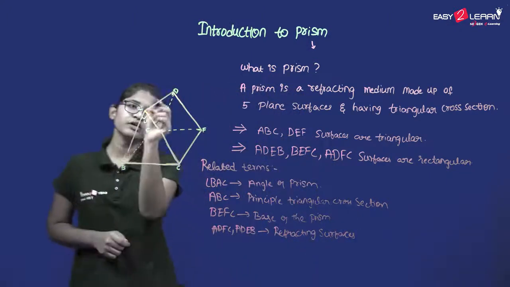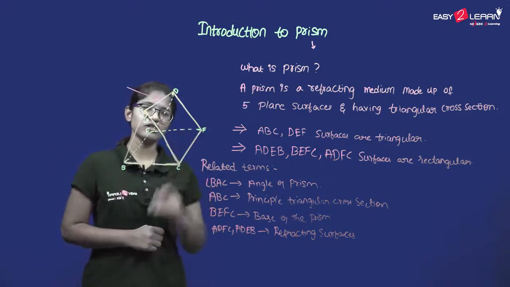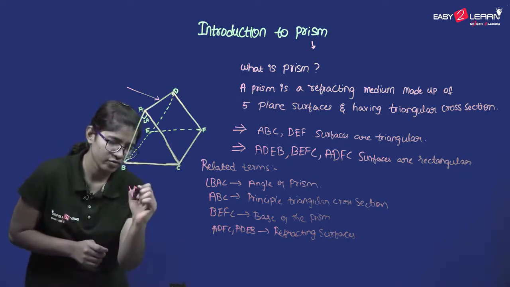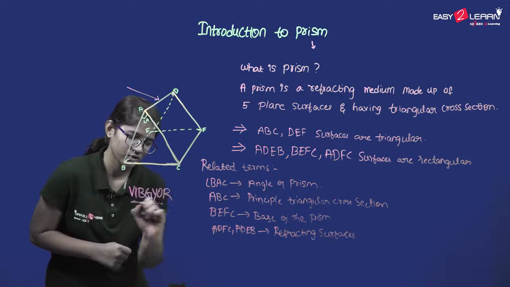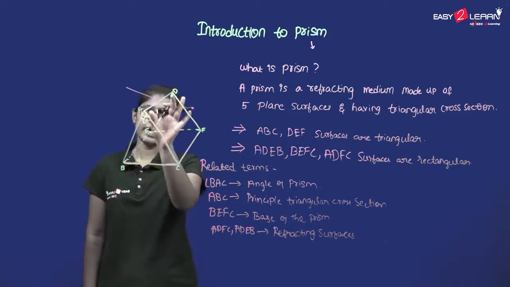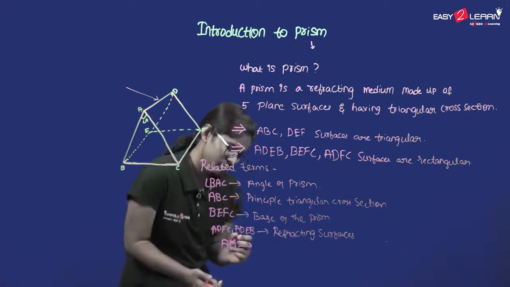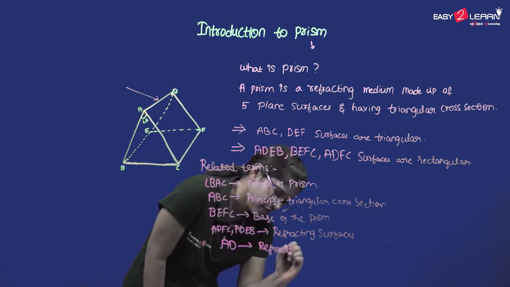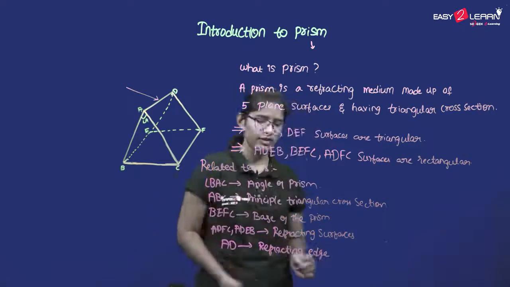Whenever the light is incident upon this refracting surface, the light will bend and then we are able to see the spectrum from it. Here we are able to see this AD, right? This AD is nothing but the refracting edge.